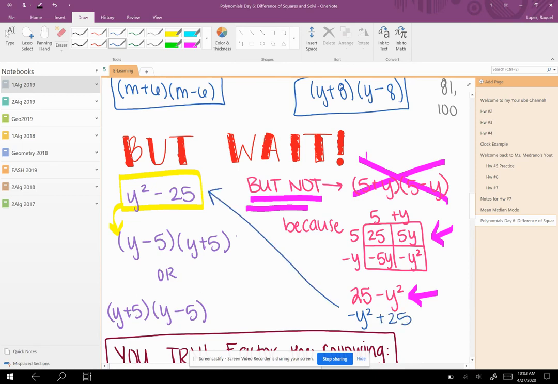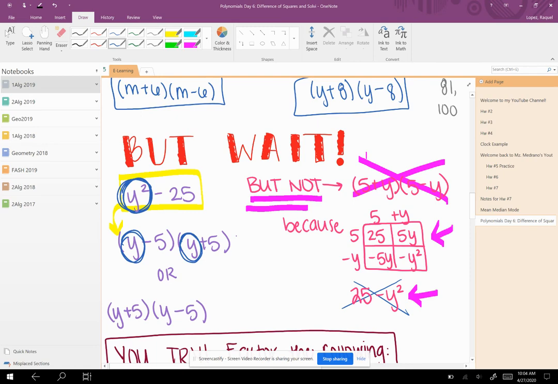That's not what I had written up here, right? So when you're factoring, make sure you put the square root of the first term that's being squared first. So for example, because y squared is the first thing you see here, your y has to go in the first place in both of these parentheses.